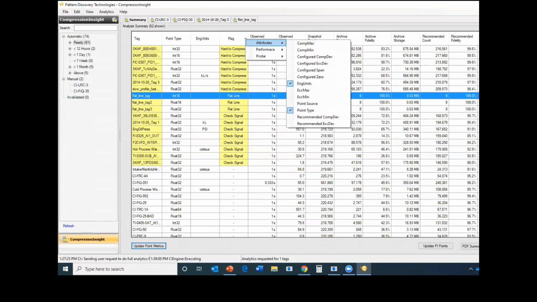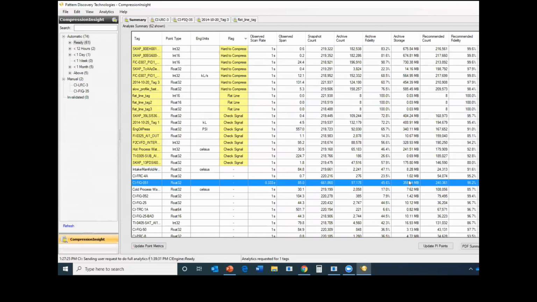The archive storage and the annual storage savings are values that we estimate on an annual basis. So we're just making an estimate of this particular tag, FIQ 051. Sure. What this is saying is we've estimated that this tag, given the original configuration settings, would store about 358 megabytes per year.